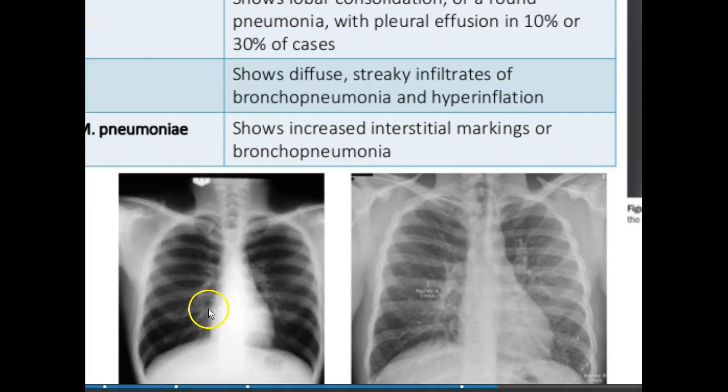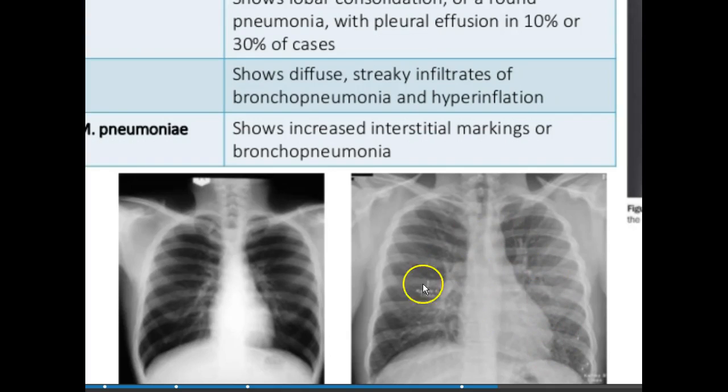Found another slide here that talks about, this is a viral pneumonia. You can see it's kind of patchy in the interstitial area here, and if it's a better x-ray, you can probably see it's a little patchy throughout. This is the atypical, or the mycoplasma.